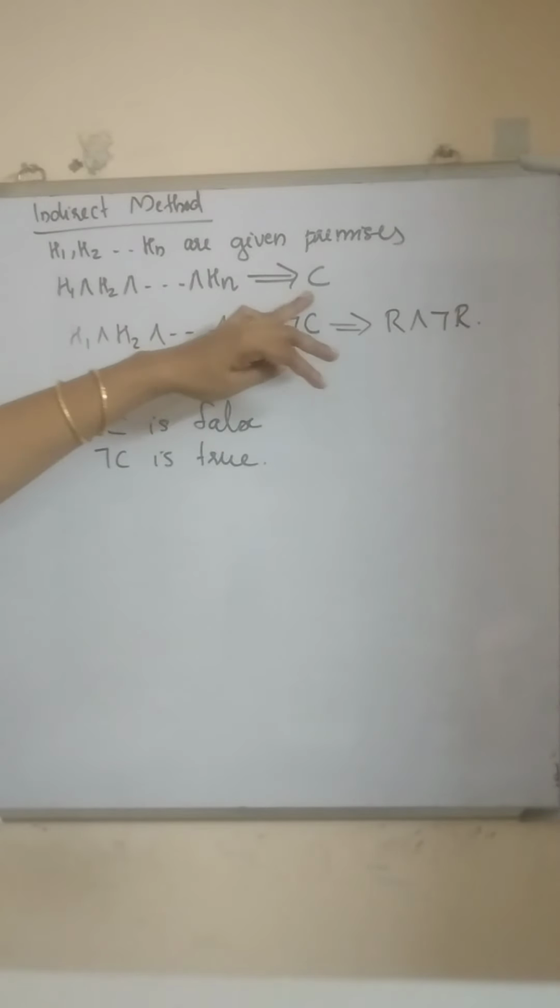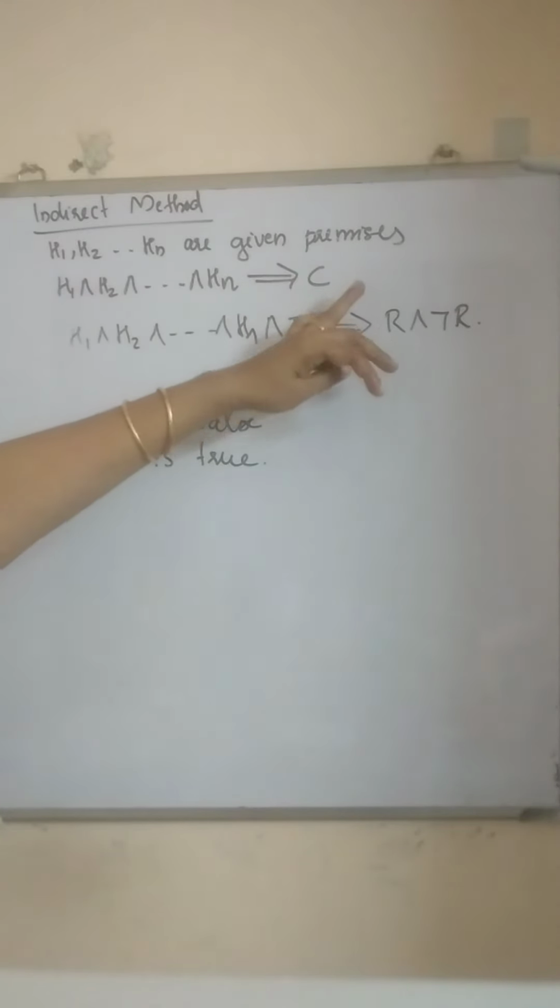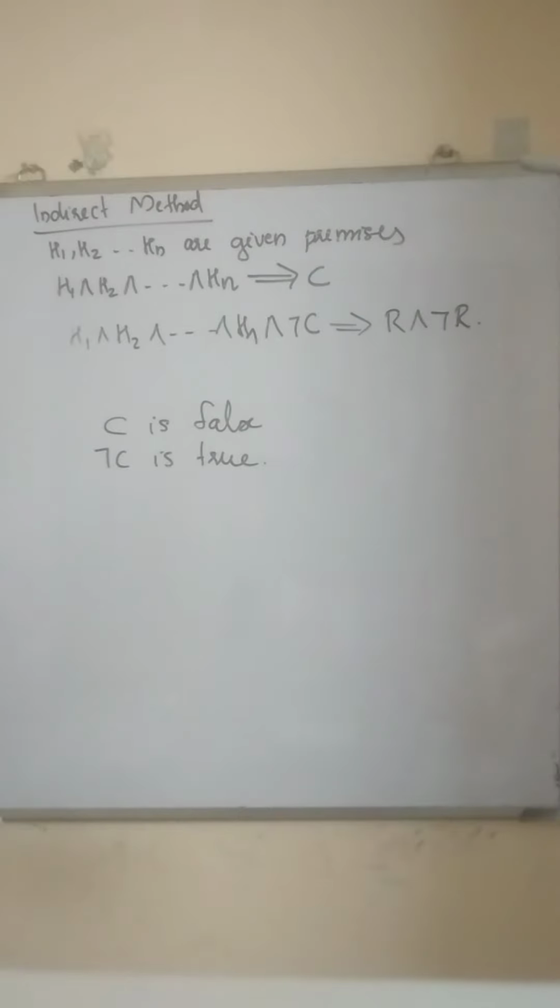That is not a good assumption. Hence C is true whenever h1 and h2 and h3 etc. and hn are true. Thus C follows from h1, h2, etc., hn.